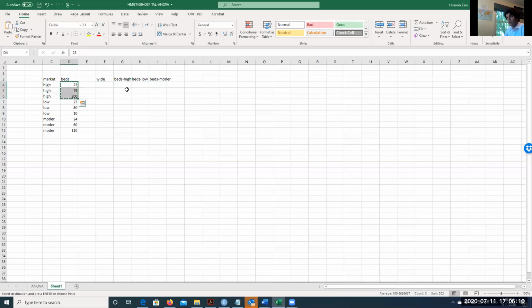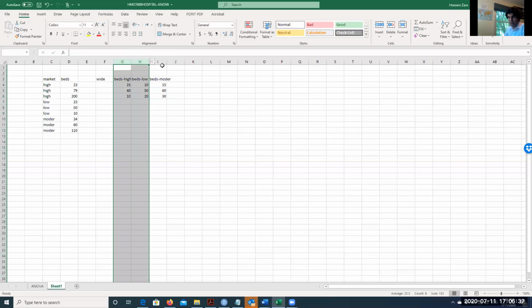I'm just making up some numbers here, not real numbers and not exactly following the left side. This is wide data. Whenever you have wide data, you can compare the groups together in the pre-designed ANOVA test.